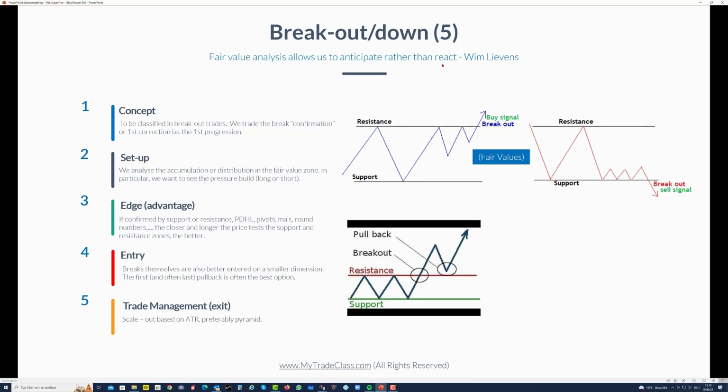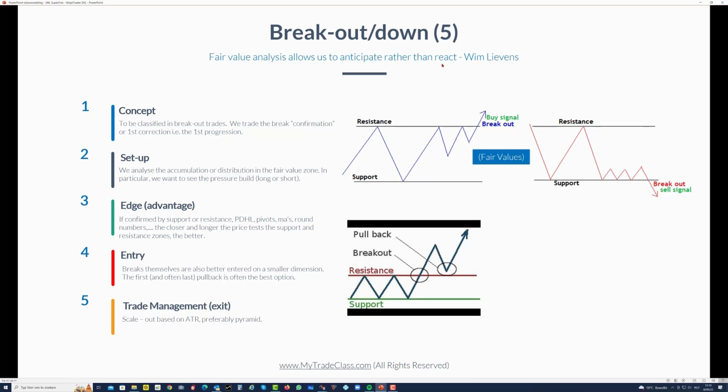But on the other hand, you would probably also lose 70 or 75% of your trades. And that, to many people, is an issue, is difficult. For many people, it just doesn't work.